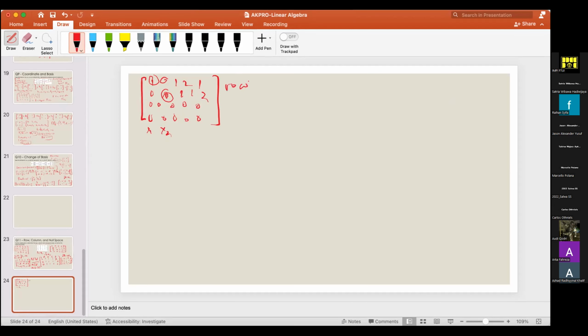So the row space would be 1, 0, 1, 2, 1, and 0, 0, 1, 2, 1, 2. No comma, guys. I don't know why I put the comma there.